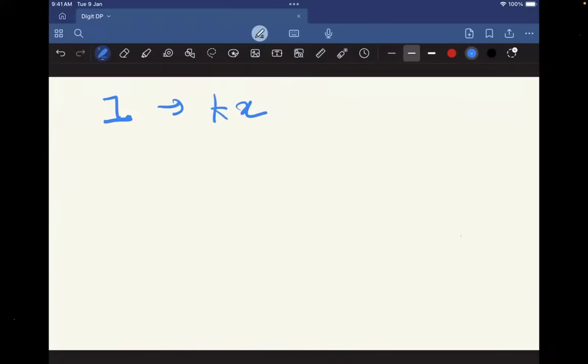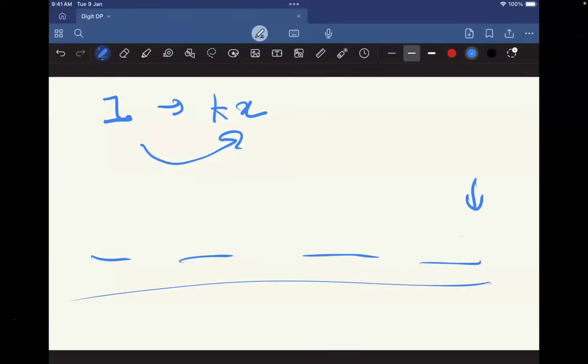Yes or no? One possibility is that before killing anything, I do my k is equal to x moves. So after I do that, I will just come somewhere here and I just need to find the answer. And what is the answer then? It is just the number of unique elements in that particular range. Yes or no, guys?